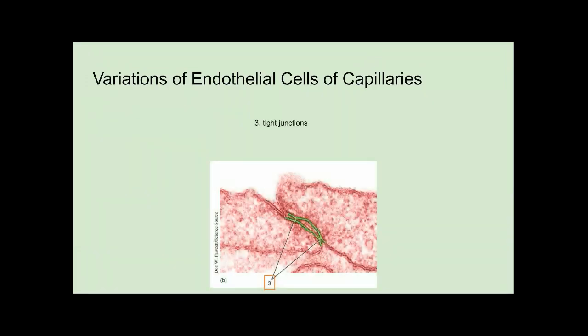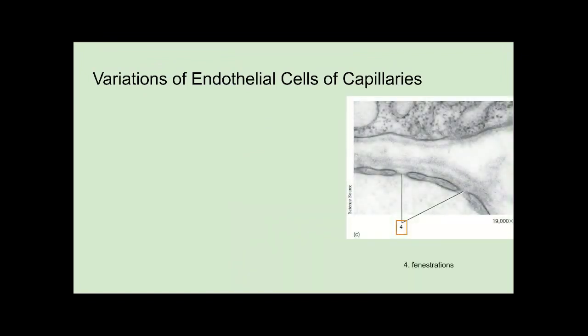Next, we have labeled 3 are tight junctions, and if you remember, those are the fusion of plasma membranes of adjacent cells. So that means their plasma membranes are fused. Okay, and 4, we have the fenestrations, and these are just pores in the plasma membrane covered by the small diaphragm or the thin membrane.